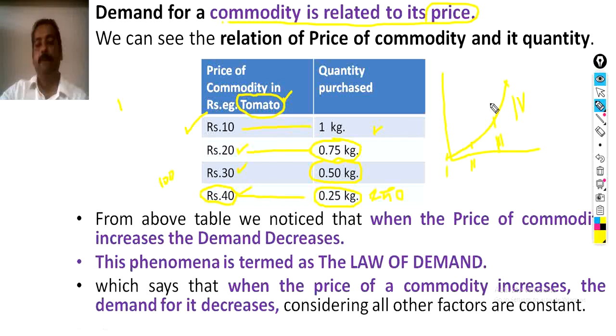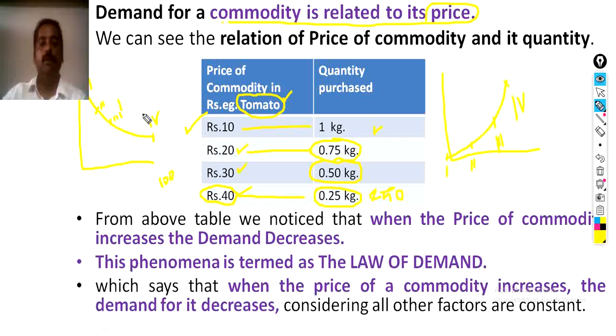Now if the price increases, on the left hand side I draw another graph, so my demand reduces. So I say this point is first, this point is second, this is third, and this is fourth.